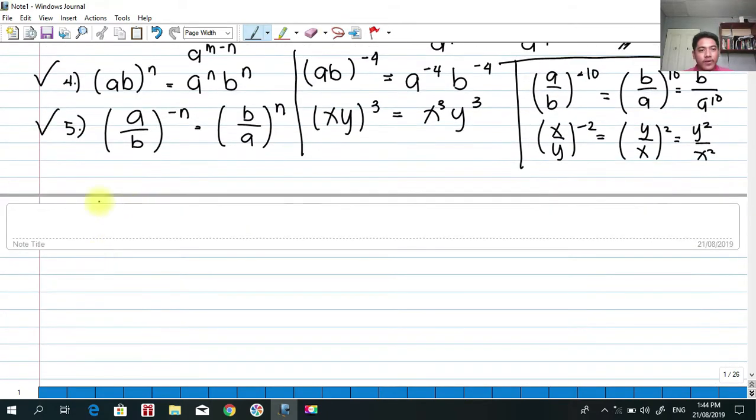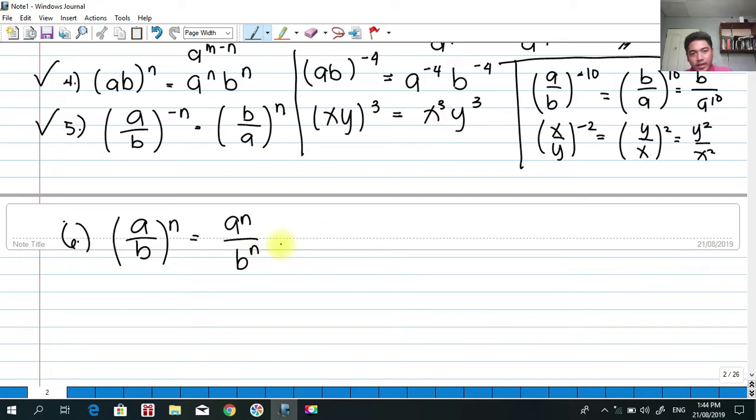For property number 6, we have a over b raised to n. Again, this is easy. This should be a raised to n over b raised to n, given that b should not be equal to 0 because it would be undefined. It's the same, just that it is now a fraction.